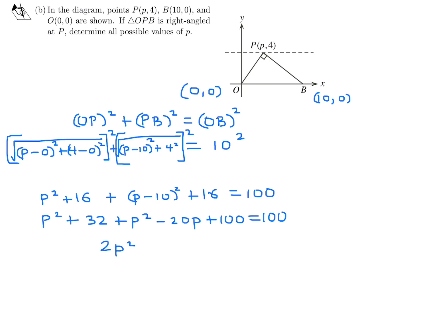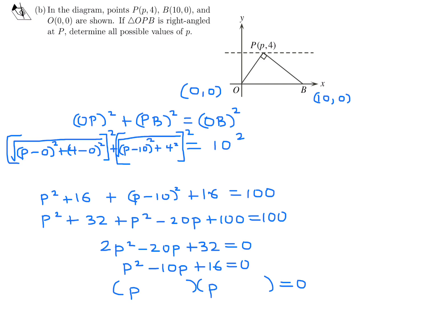So this will be 2p squared minus 20p plus 32 is equal to 0. Divide through by 2 and get p squared minus 10p plus 16 is 0. And if we factor this, you get p minus 8 times p minus 2. So that means that p is equal to either positive 2 or positive 8. And those are our two possible values for p.